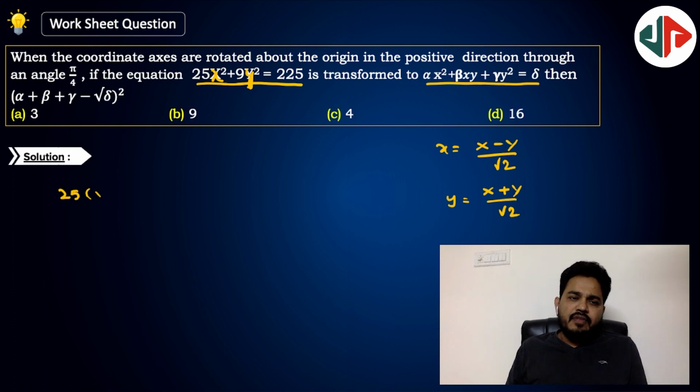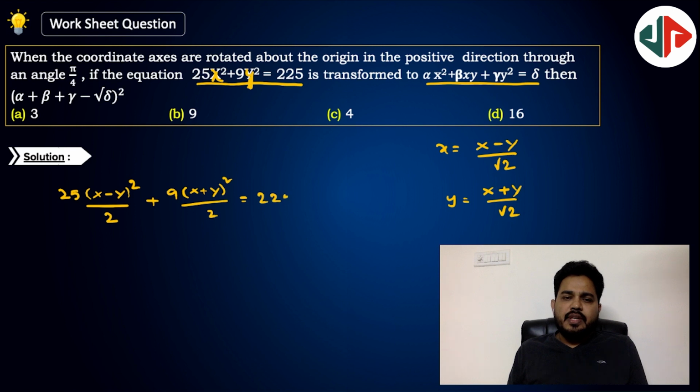25 times of x minus y square by 2 plus 9 times of x plus y whole square by 2 is equal to 225. So this is 25 times of x minus y whole square plus 9 times of x plus y whole square is equal to 450.